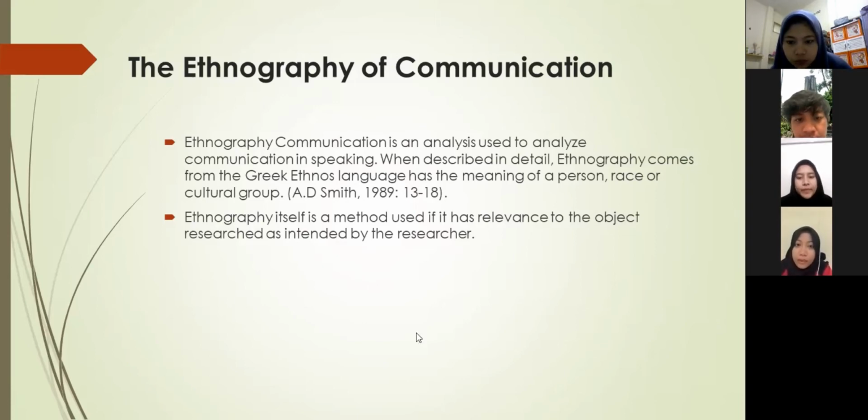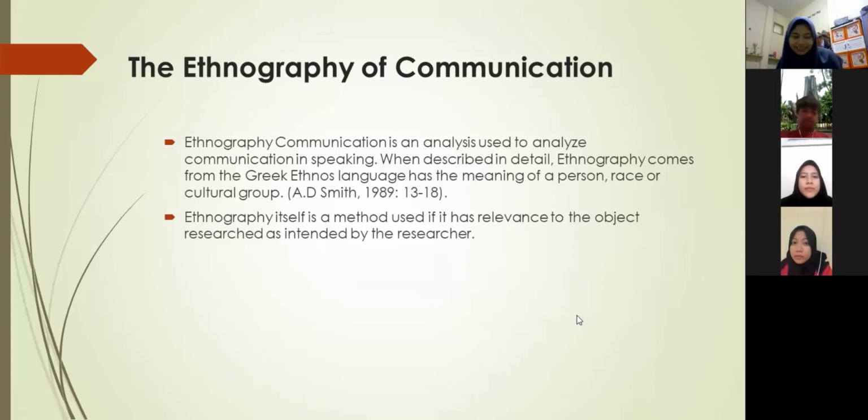The ethnography of communication, originally called the ethnography of speaking, is the analysis of communication within the wider context of the social and cultural practices and beliefs of the members of a particular culture or speech community. And ethnography of communication is used to analyze communication in speaking.